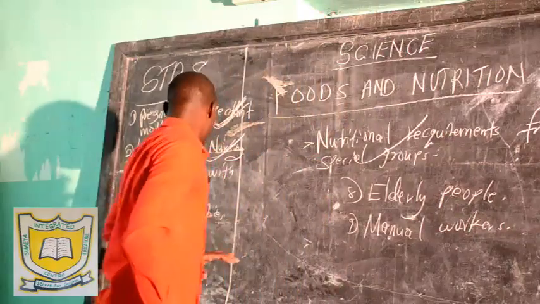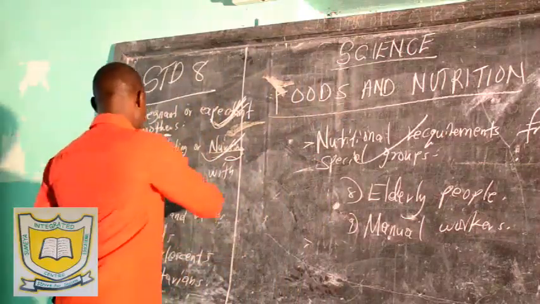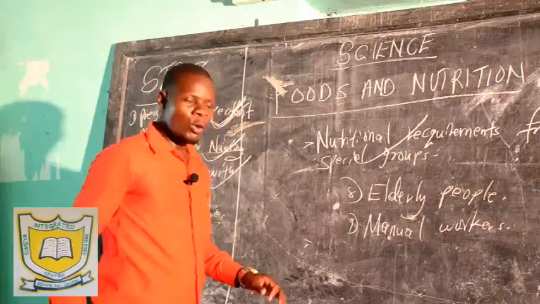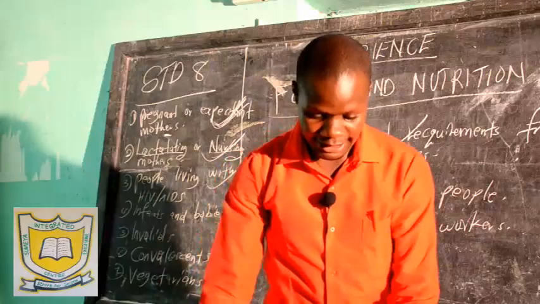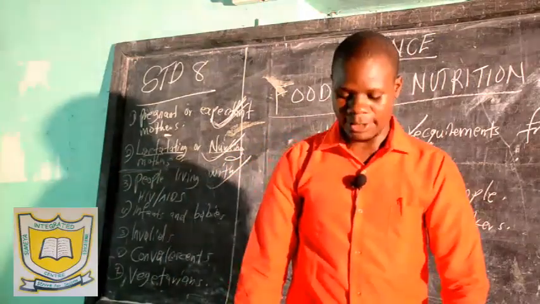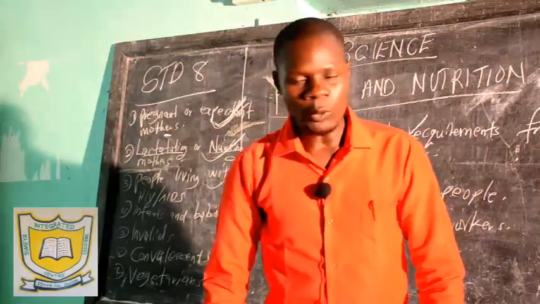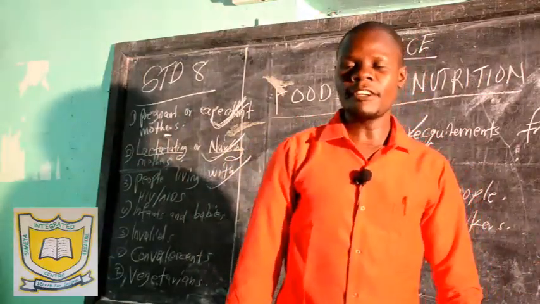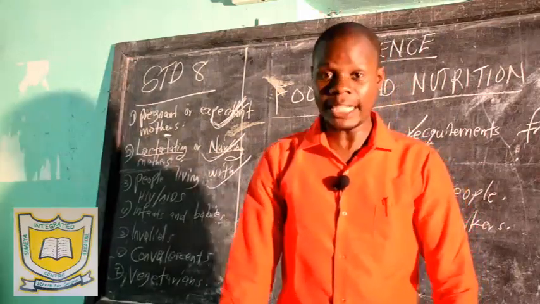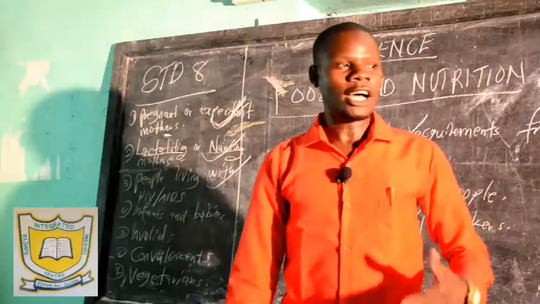So another special group. Number three, people living with HIV. These are people who are HIV positive. They have contracted the disease HIV/AIDS. So they are special in which way? The body is lacking the defensive mechanism, that is white blood cells, so any disease can strike that person.